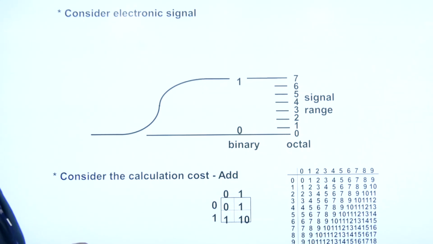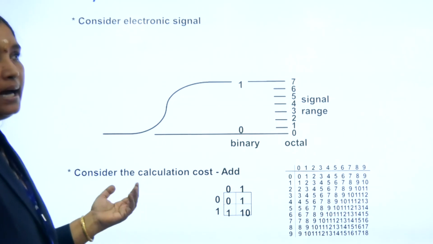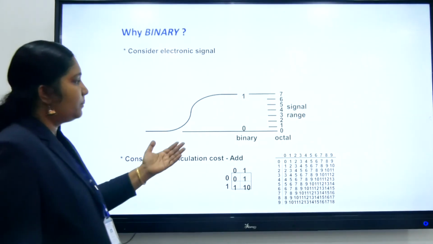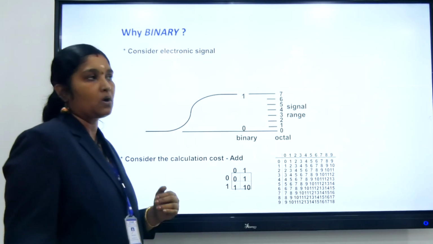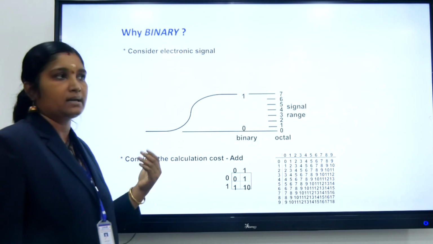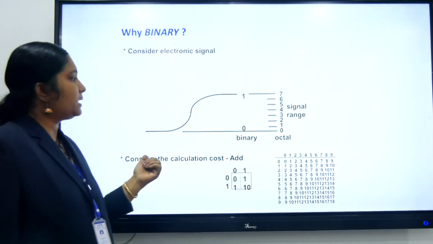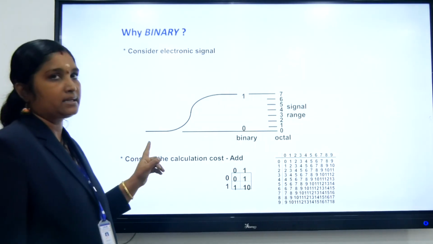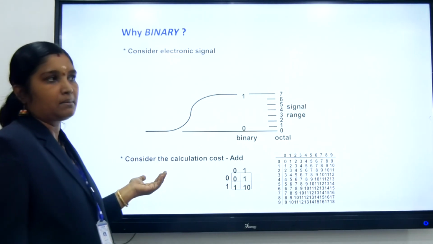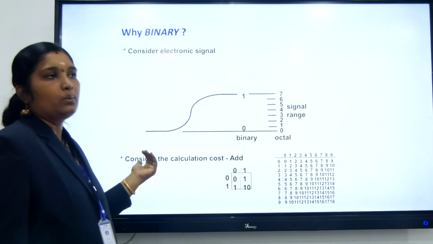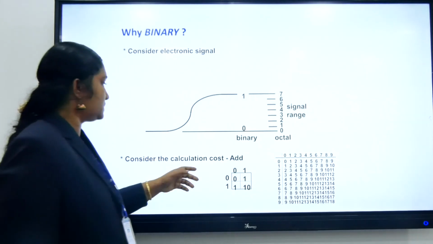According to digital design and cost-wise comparison, binary is better than any other number system, because decimal has 10 numbers, octal has 8 numbers, but only 2 numbers are used in the binary system. So this is the most easily designed number system, and the cost is also very low when compared to other number systems.